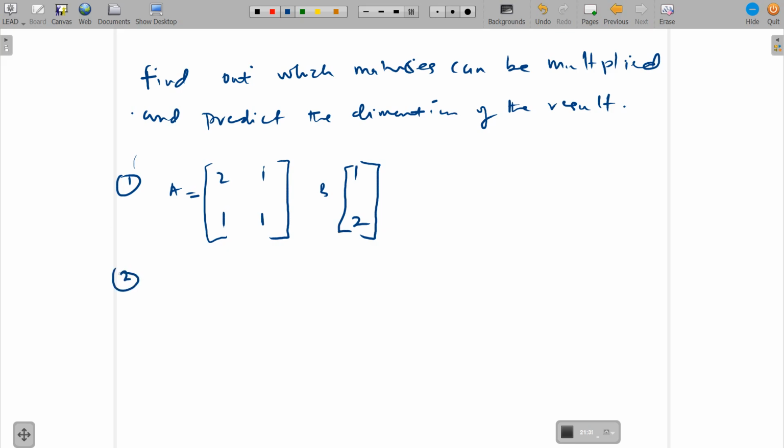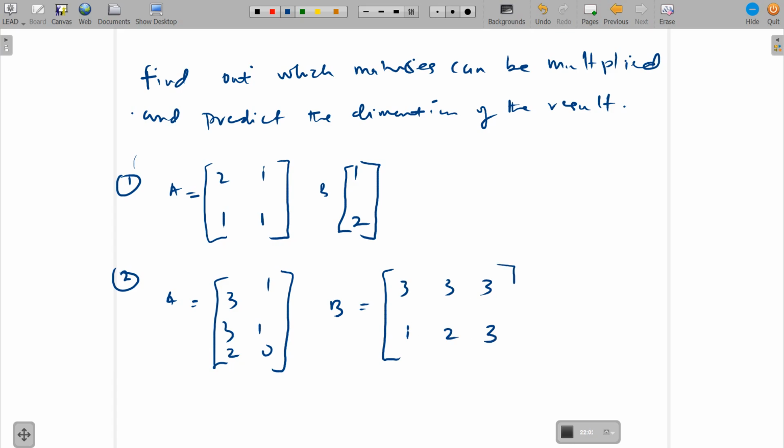Number two, A equals 3, 3, 2, 1, 1, 0. Can you multiply it against B, which is 3, 3, 3, 1, 2, 3? Okay. Can you multiply it? All right. Now C, let's make our A equals 3, 2, 1, 0, 0, 1.